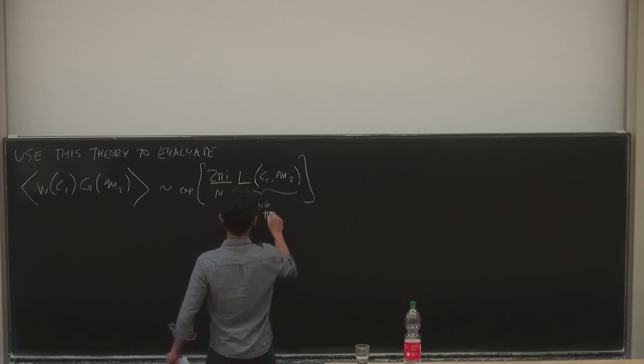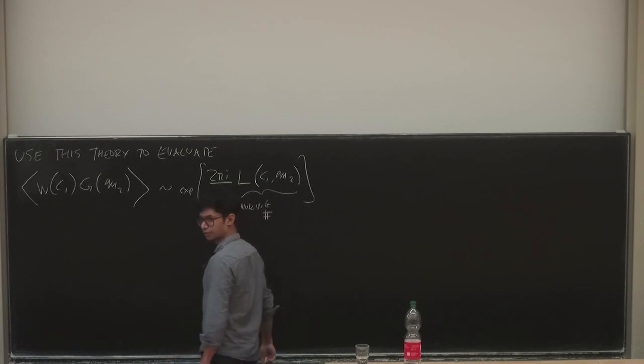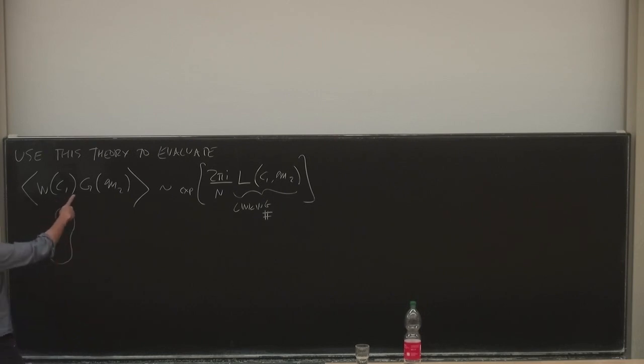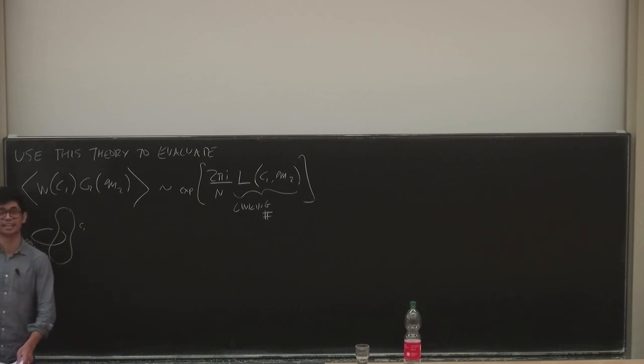This is the linking number of these two manifolds. And again, linking number is a well-defined concept for a 1-manifold and a 2-manifold in 4 dimensions. So here's an example of two things that link. Let's say this is C1 and this is M2. These two things, a 2-surface and a 1-surface, can link in 4-dimensional space-time.